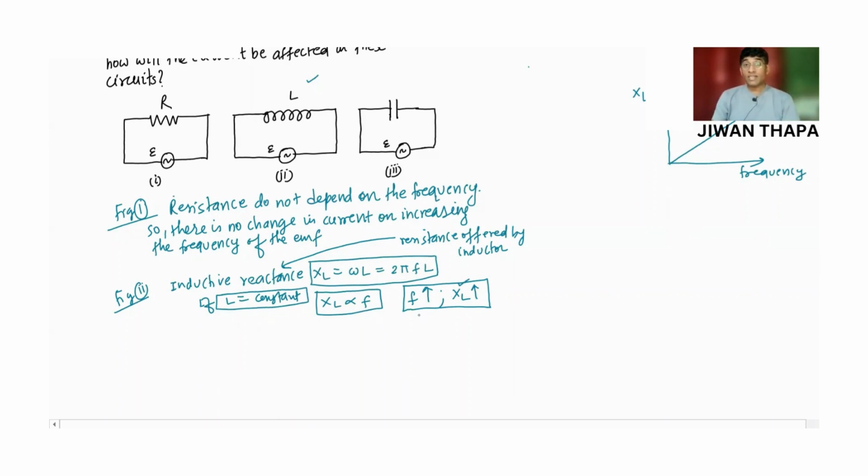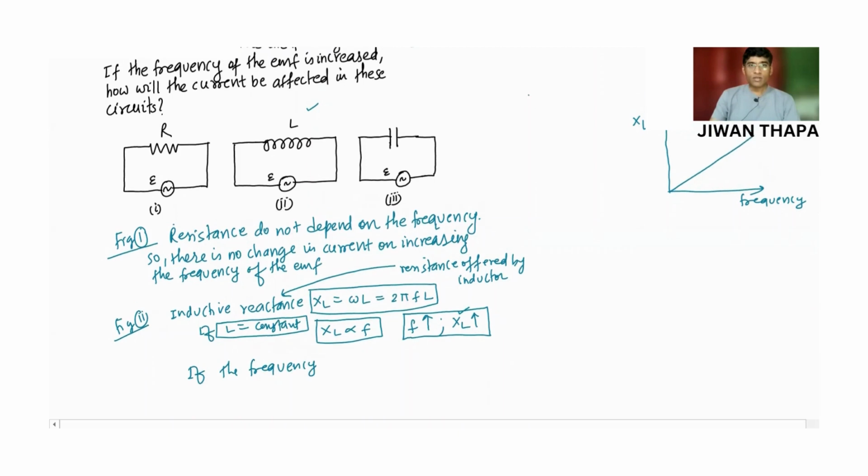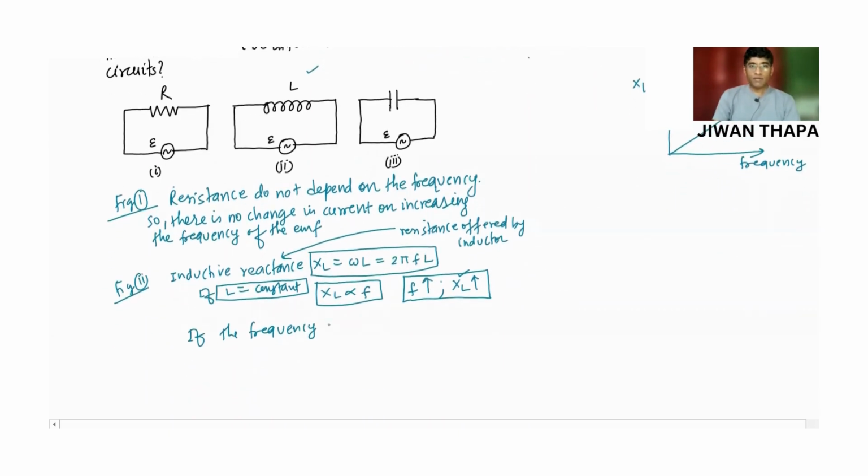So if resistance increases, then the current decreases. So I'm writing, if the frequency of the EMF is increased, then XL increases.